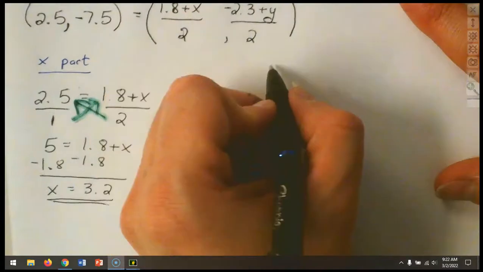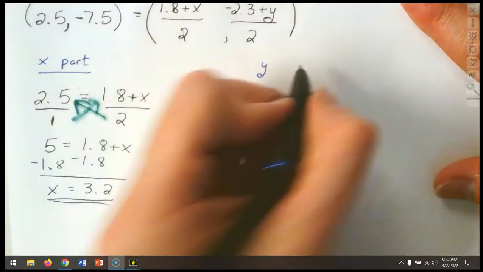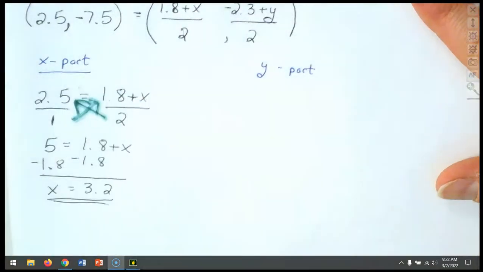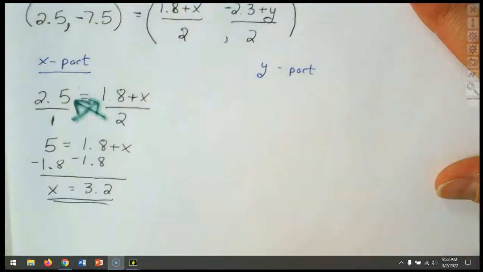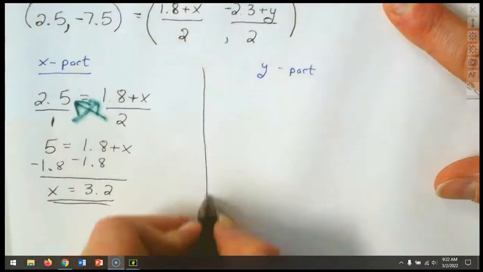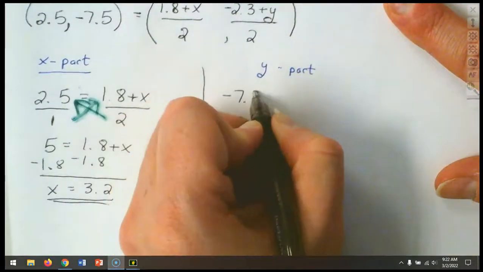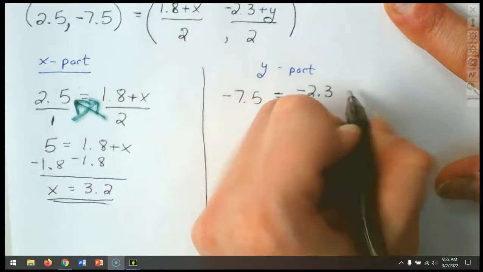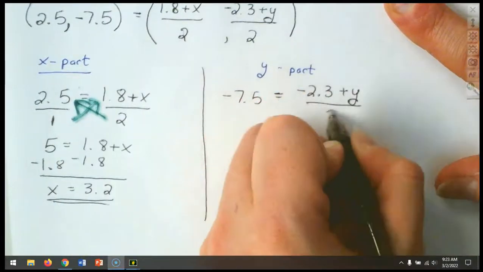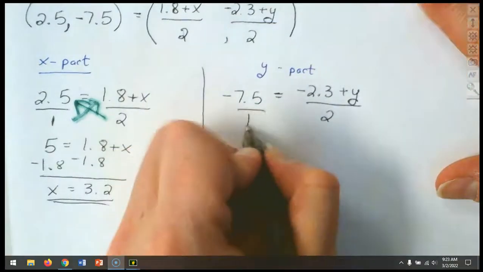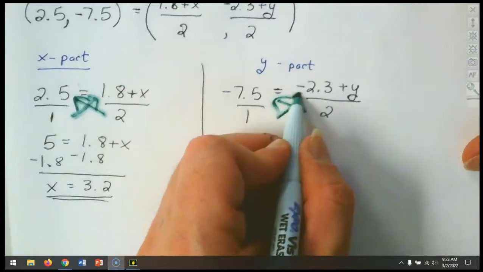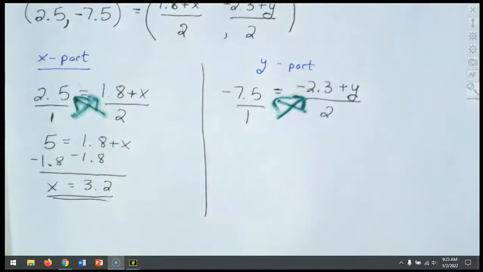Now we repeat the process with the y part. Not much to do here at all. For the y part, what do we have? Similar. We've got minus 7.5 equals a minus 2.3 plus y over 2. Write that as over 1. Cross multiply again. 7.5 times 2, it's negative.